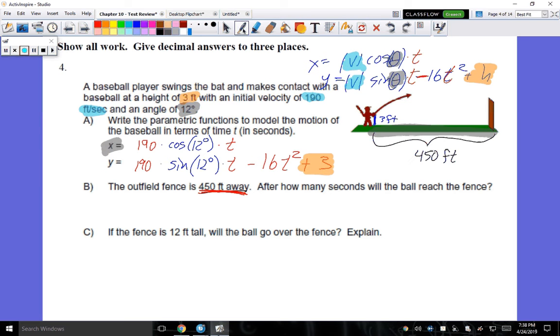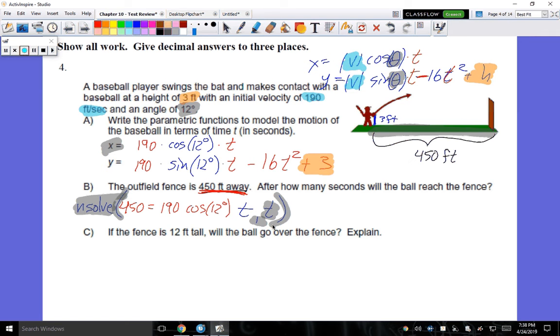So 450, we're going to set it equal to this 190 cosine of 12 degrees times t, and we're going to solve for t. So we're going to do solve, comma t. Remember, when you do this solve feature here, you always have to tell it which variable to solve for, and it's going to do all the legwork for you and give you that t value.